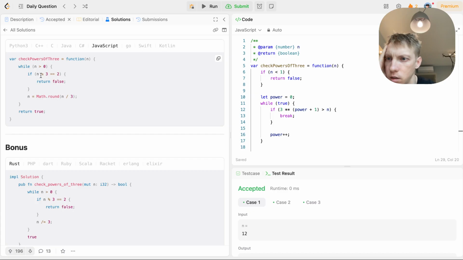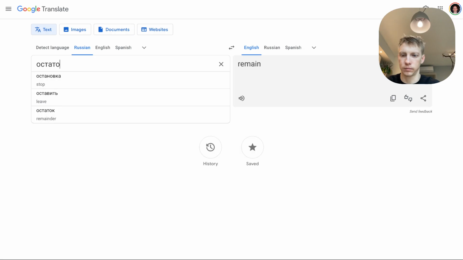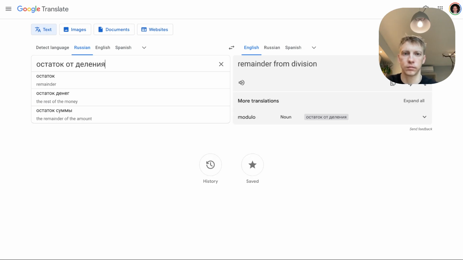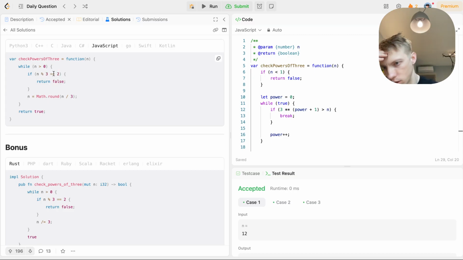If n % 3 equals 2, that's the only case where we will get leftovers, the remainder from division. The remainder is 2, of course, because we're dealing with integers.